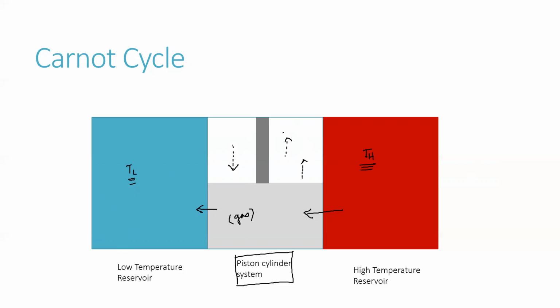So altogether, whatever work is extracted throughout the cycle is considered the work output of the Carnot cycle. We'll come to this once you understand what the Carnot cycle is and how it works.